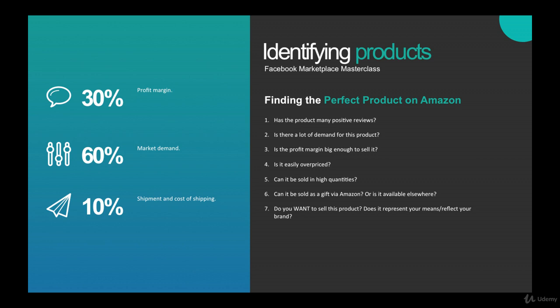Then you don't have to actually send it to your house and then perhaps put wrapping around it and then send it to other people. It just goes straight from Amazon to that person. So the question is also here, is it available elsewhere? For instance, if you don't want to use Amazon, you can also use other platforms. There's a great platform which I really enjoy, and this one is Rebuy.